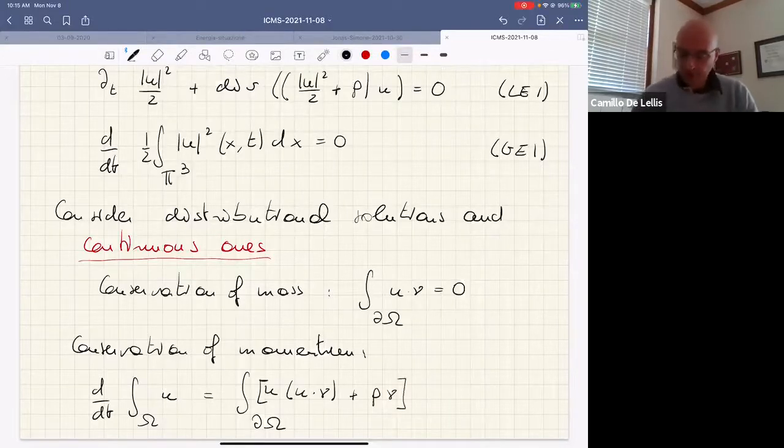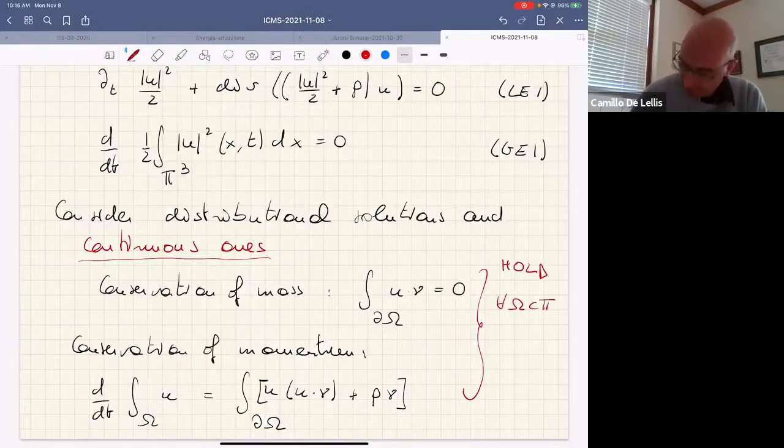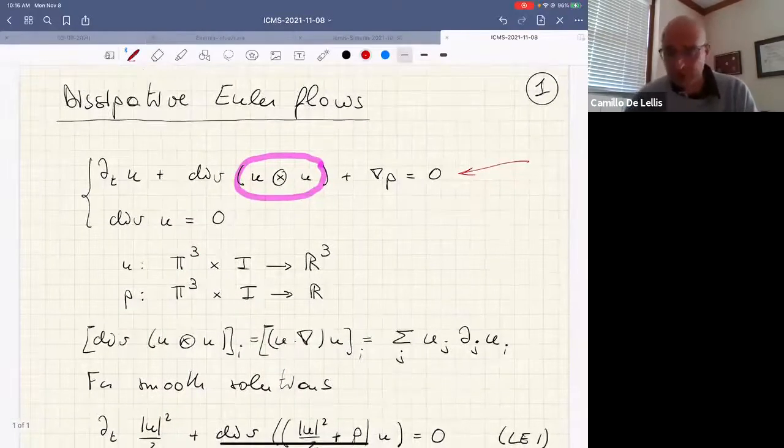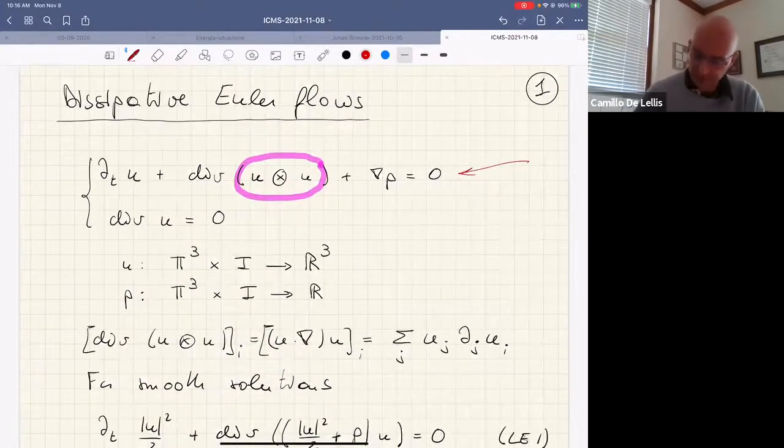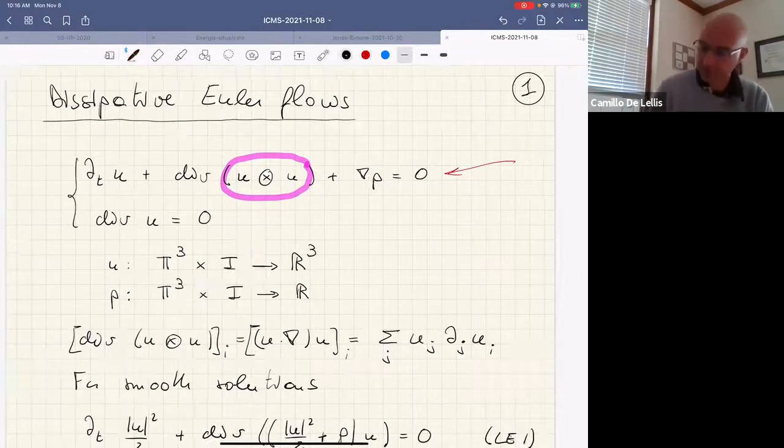These two identities for continuous distributional solutions hold for every fluid element omega which is sufficiently smooth, for instance omega Lipschitz. So you could think about a sort of irregular fluid, which is nevertheless satisfying the conservation laws of mass and momentum in the sense of continuum physics.